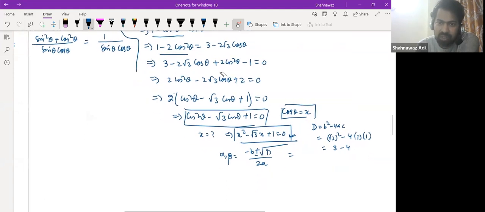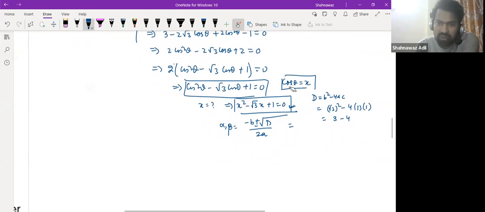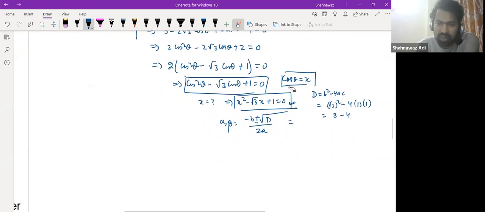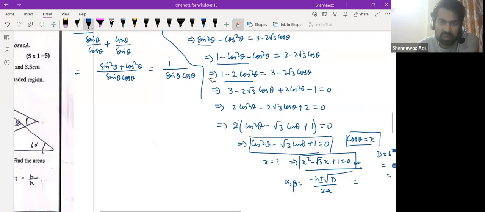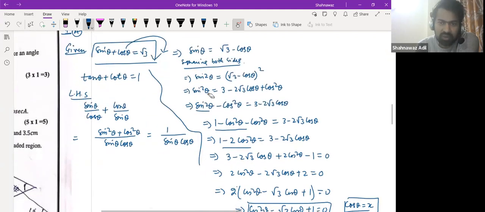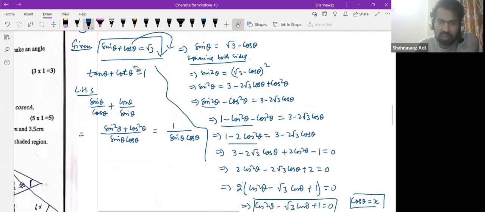This is cos square theta minus root 3 cos theta plus 2. This is what we are getting, right? Then b square minus 4ac, a is 1, c is 1. Why is this happening? We have to do this question again, right?